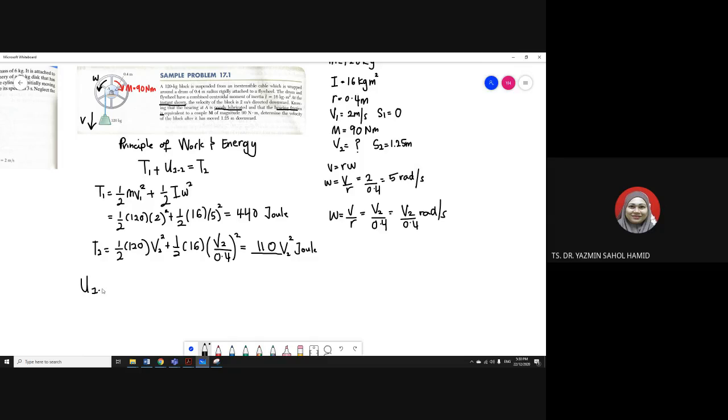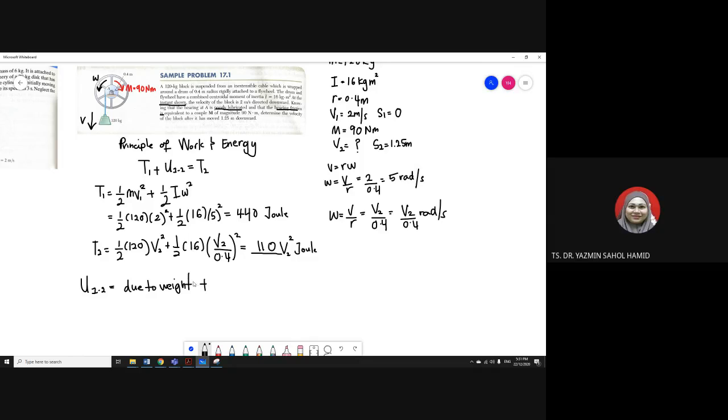Now let's do the work. What do you think the type of work involved in this question is? Can you guess? Due to weight. Good, one is due to weight. That's correct. And the other one? Moment.